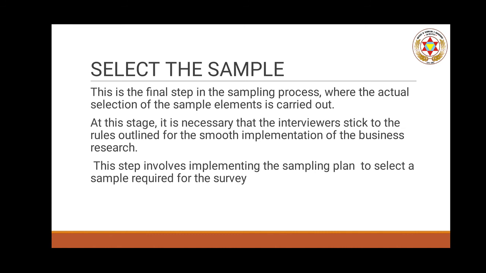At this stage, it is necessary that the interviewer sticks to the rules outlined for the smooth implementation of this business research. This step involves implementing the sample plan to select a sample required for the survey. So these 7 steps are the important steps of the sampling process.